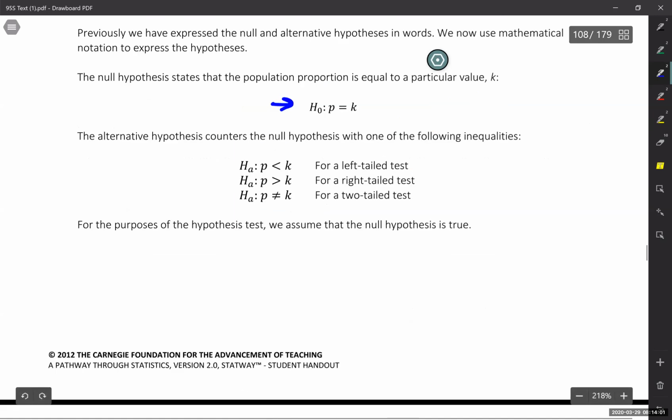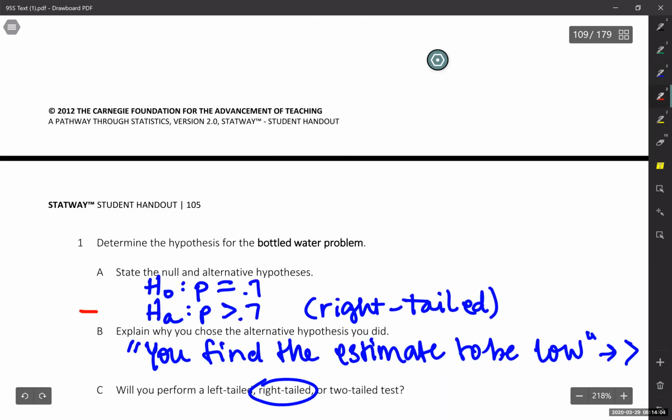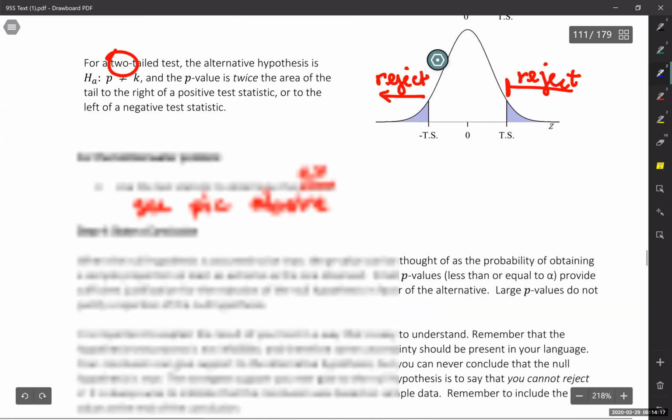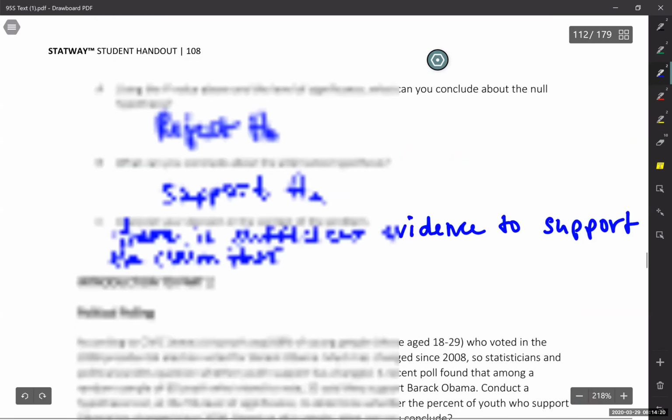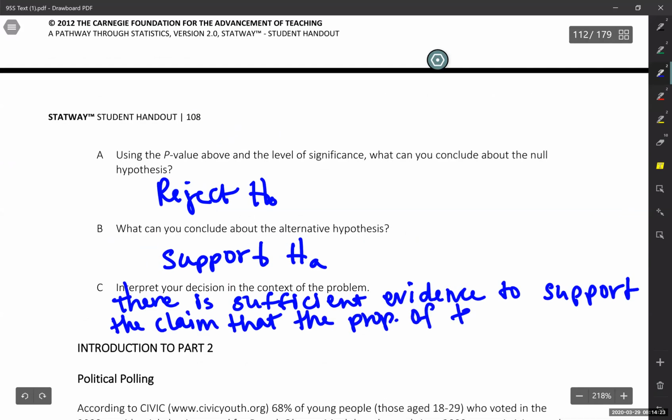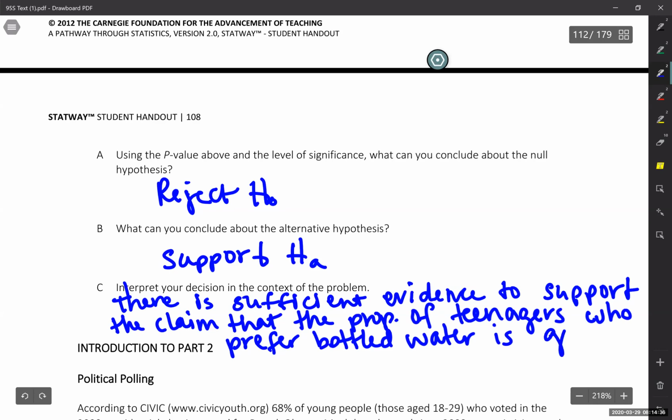We could claim that the proportion of teenagers who prefer bottled water is greater than 0.7, or 70% for my conclusion.